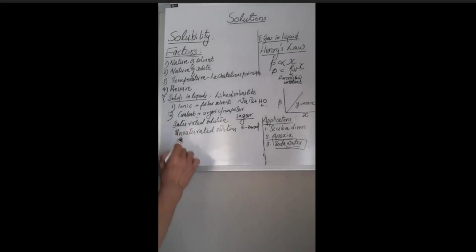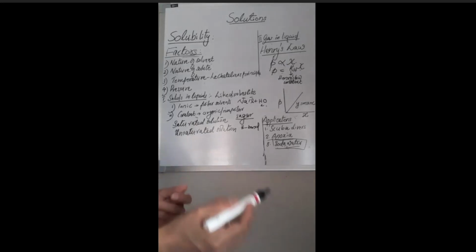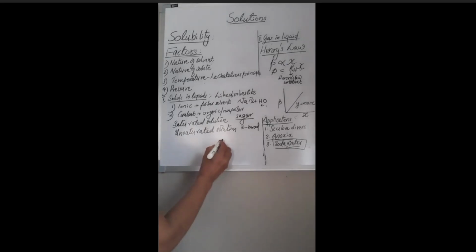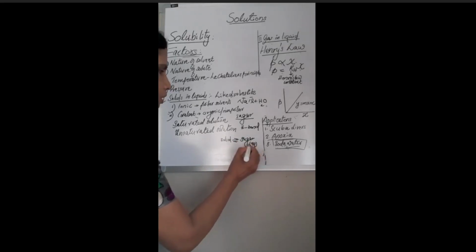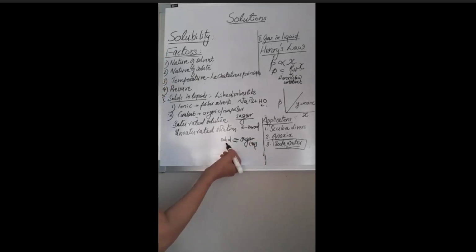Then during dissolution, there will be an equilibrium between the dissolved substance and undissolved substance. Dissolved substance in solution, say the solute, for example, sugar in aqueous solution, and undissolved sugar or solid will exist in an equilibrium.